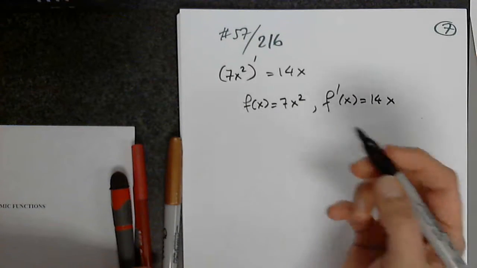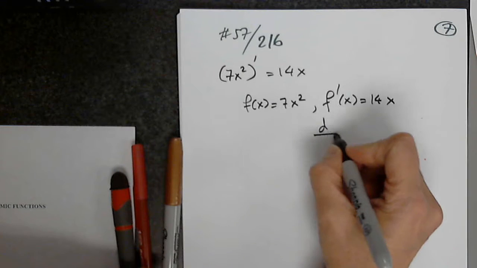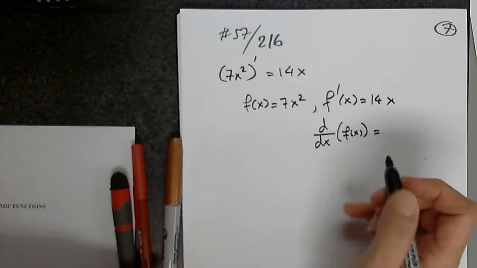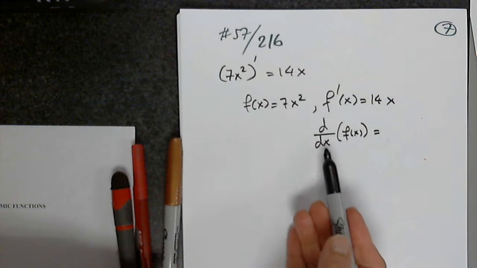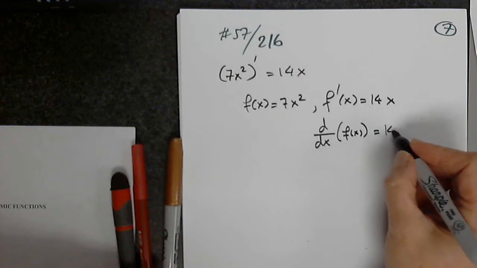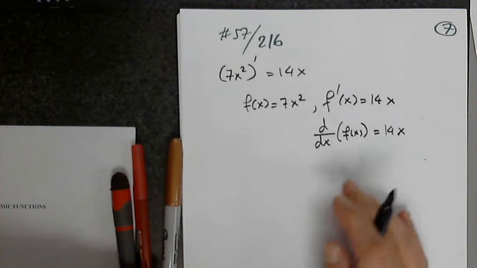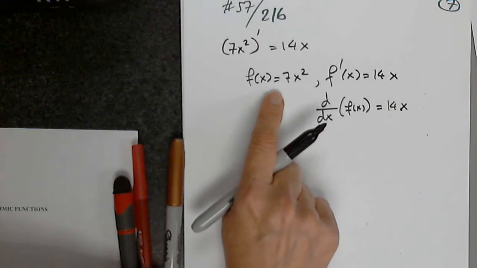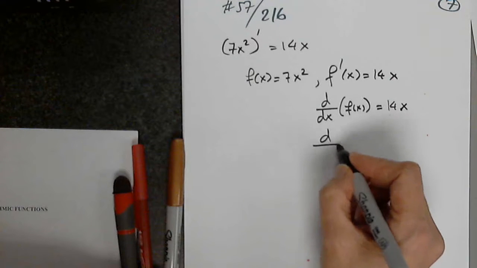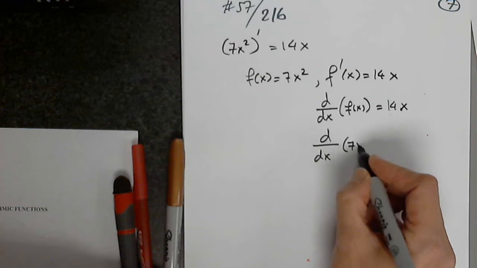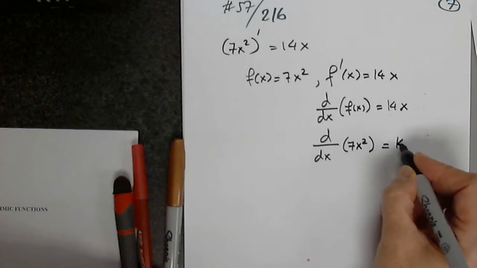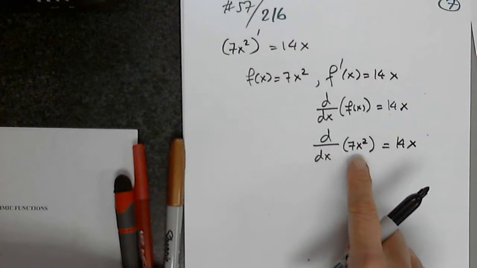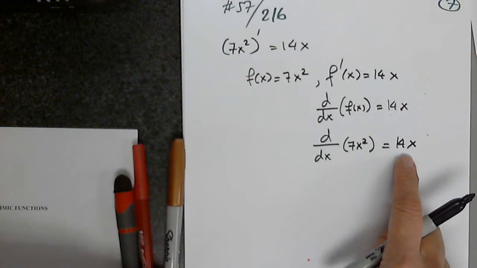That's one option. The second option is d over dx of f of x, which means the derivative of f of x with respect to x, which is still 14x. You can use this notation for 7x squared, but we really don't use it like that, but you can. So you're differentiating 7x squared with respect to x, and you get 14x.